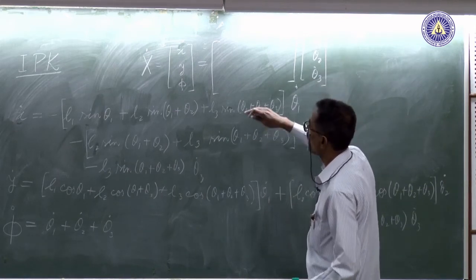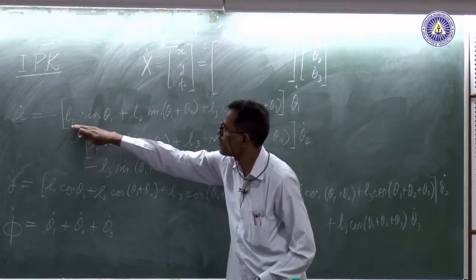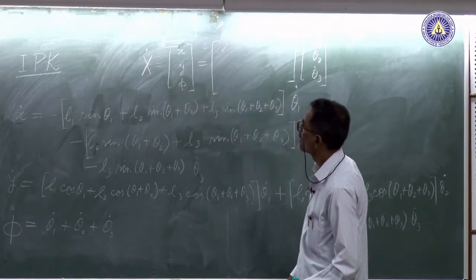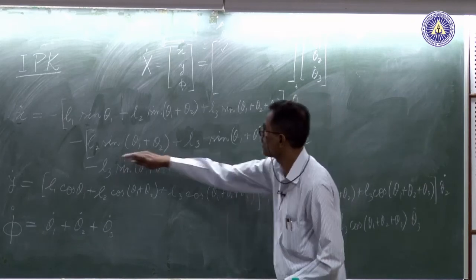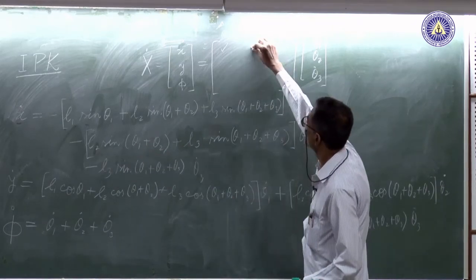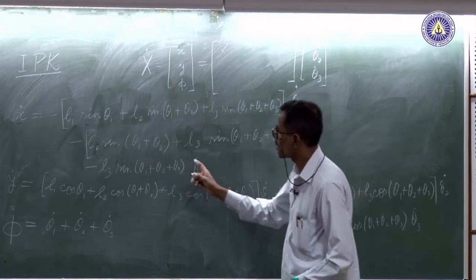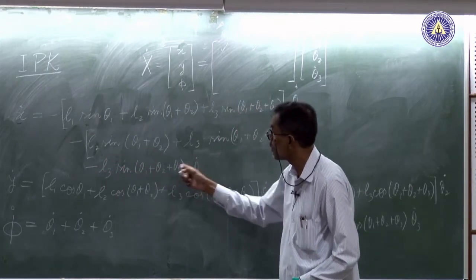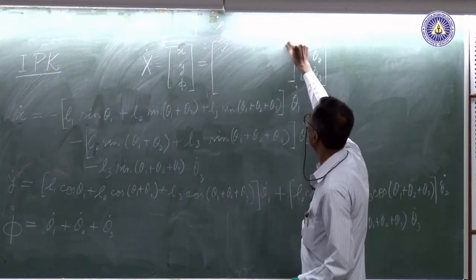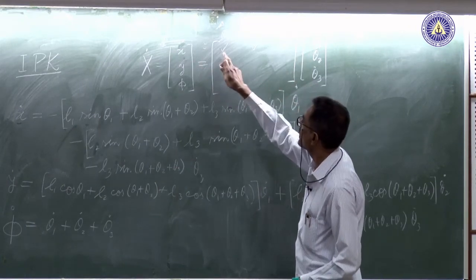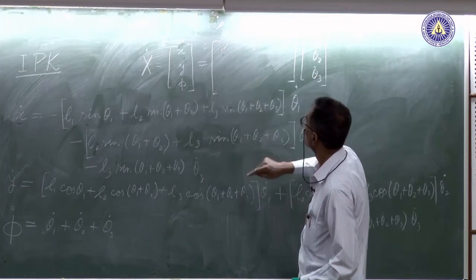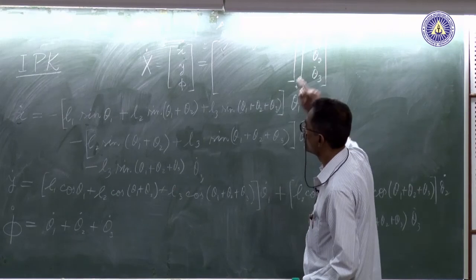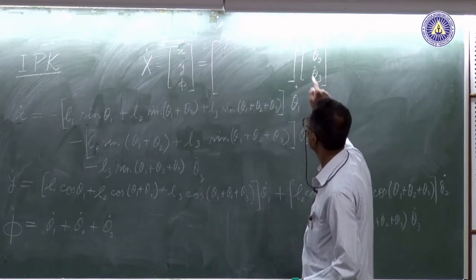Okay. And if you collect the coefficient of theta 1 dot from here, put it here, collect the coefficient of theta 2 dot from here, put it here, find out the coefficient of theta 3 dot from here, put it there, then you see x dot you find as this whole thing from here into theta 1 dot plus this whole thing from here into theta 2 dot plus this whole thing from here into theta 3 dot.